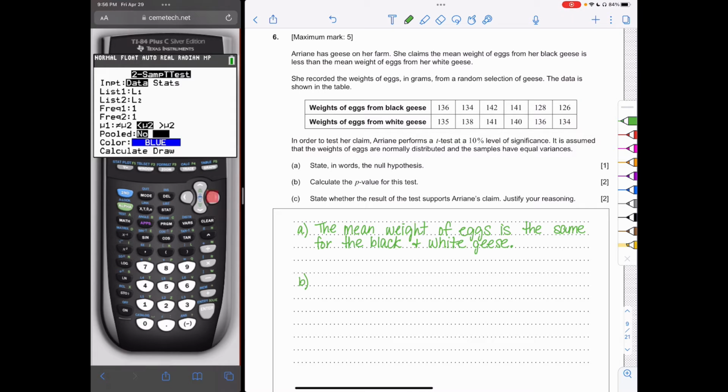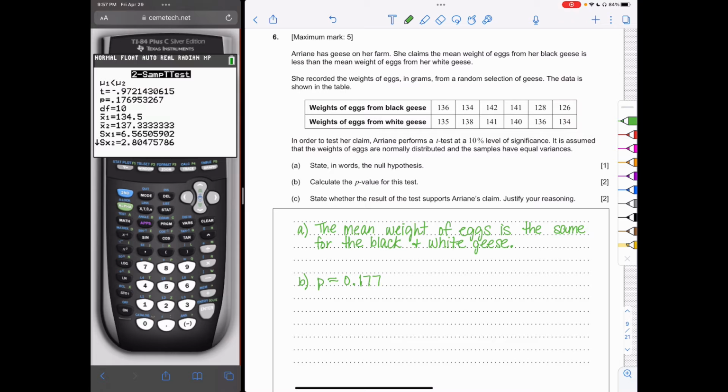And then here, we always deal with pooled tests. All right, so when we go here, we just go to calculate and enter. And for the p-value here, we end up seeing that the p-value is approximately 0.177. That is the p-value here that we can approximate.